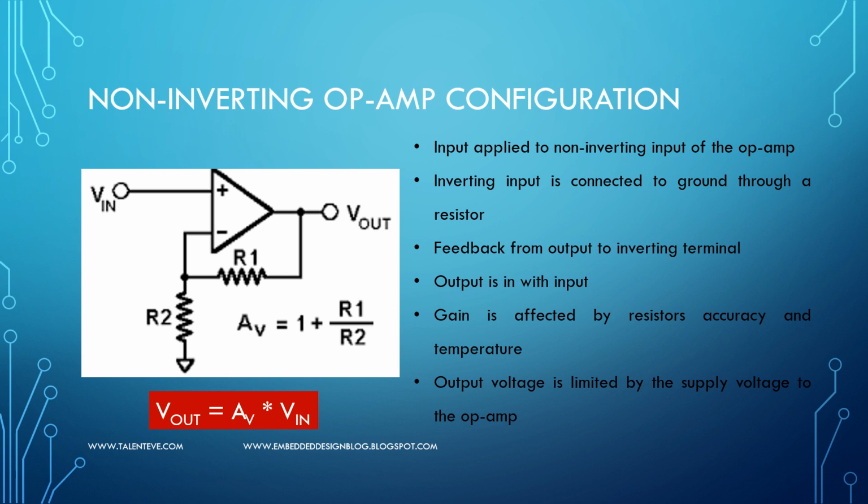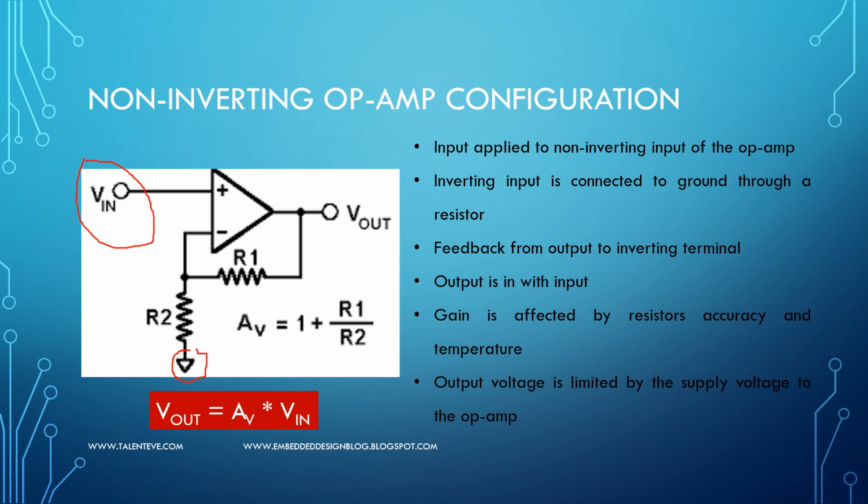We will talk about the non-inverting amplifier configuration. Basically, the difference between the non-inverting amplifier and the inverting amplifier is that here you provide input to the non-inverting terminal rather than the inverting terminal, and the resistor where the input was provided for the inverting configuration would be grounded, whereas the feedback from the output goes to the inverting terminal only.